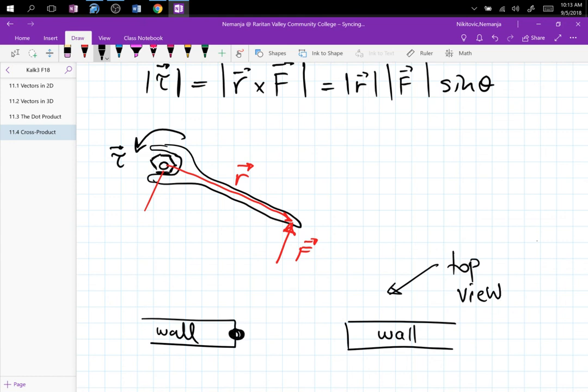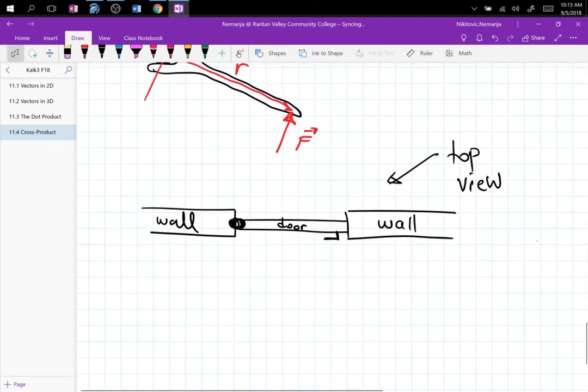This is where the hinge is, and this is the door. And this is where the handle is. So you are looking from the top. As you approach, you push with a force on the handle, and the door opens with the torque.